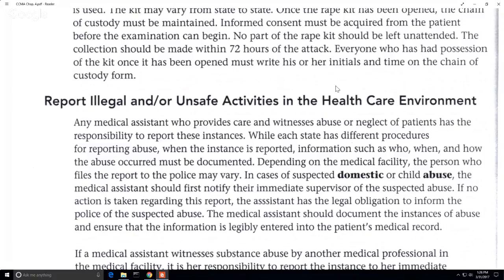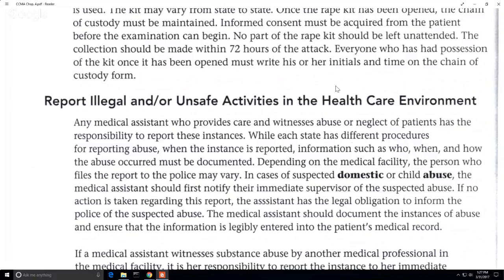While each state has different procedures for reporting abuse, when the instance is reported, information such as who, when, and how the abuse occurred must be documented. Depending on the medical facility, the person who files the report to the police may vary. So in cases of suspected domestic or child abuse, the medical assistant should first notify their immediate supervisor of the suspected abuse.